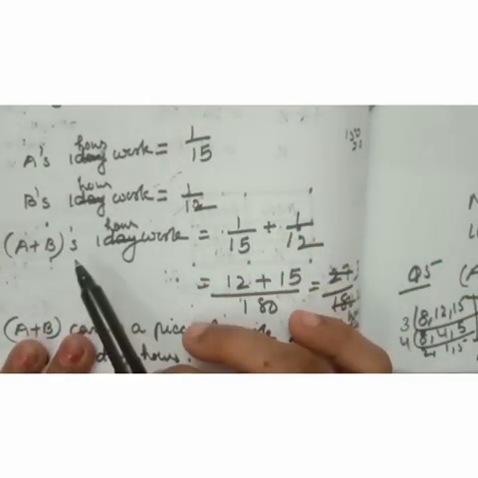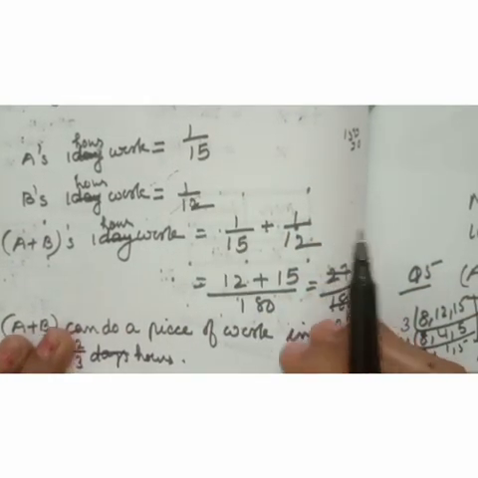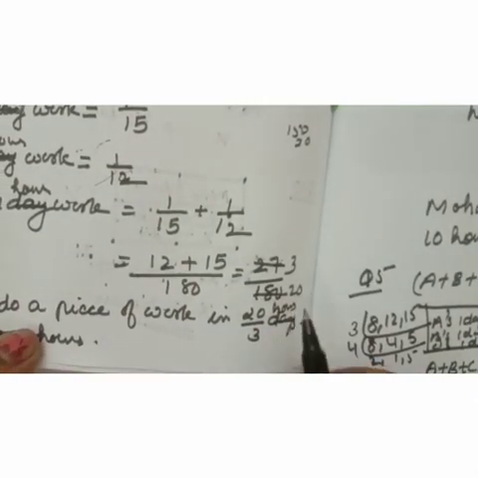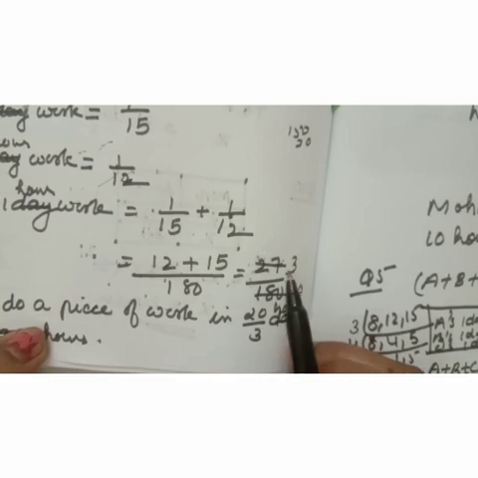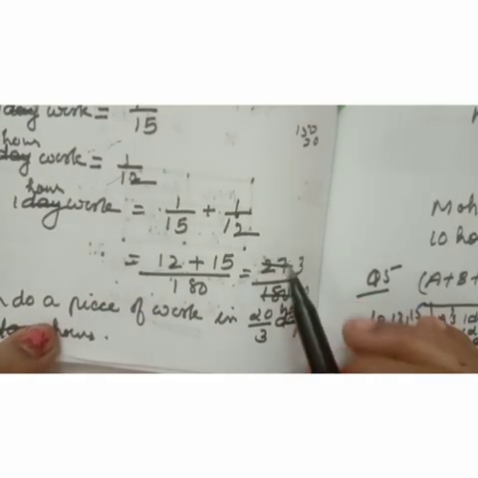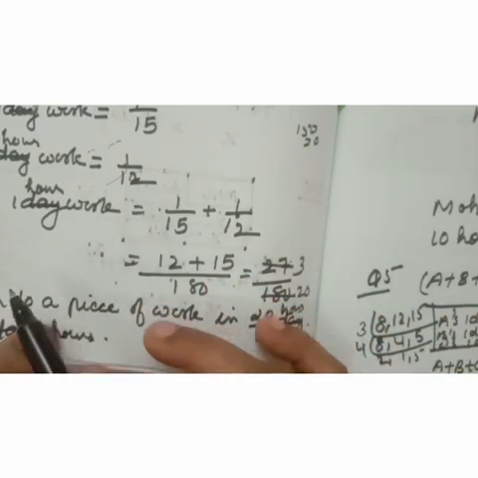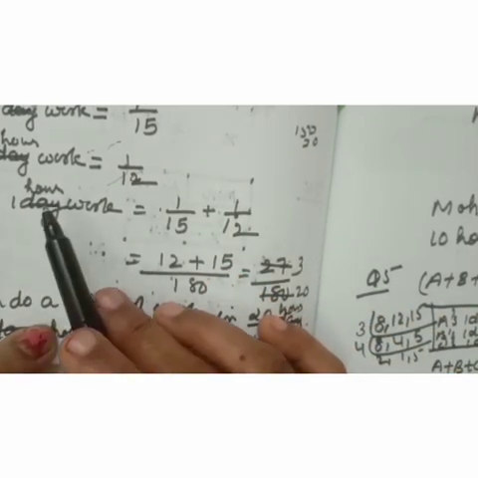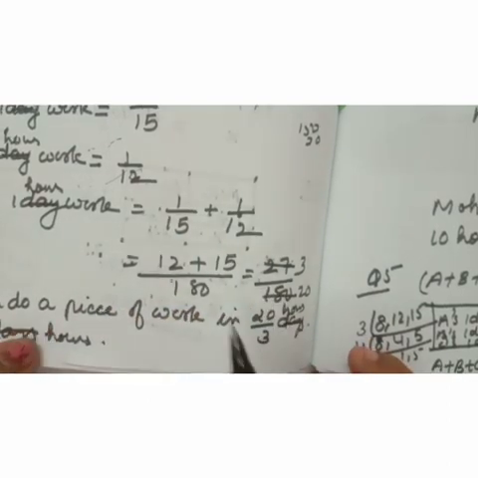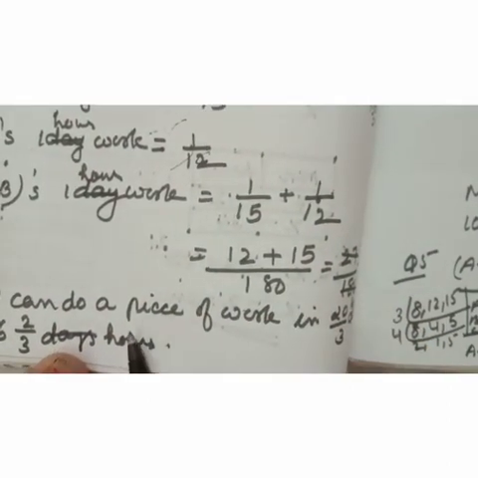So A plus B, same, add it. Take LCM, yeah, cross multiplication, you will get 3 by 20 work. 1 hour work is 3 by 20. Take reciprocal. 20 will move here, 3 will come down. Then 20 by 3 hours needed to complete one work.